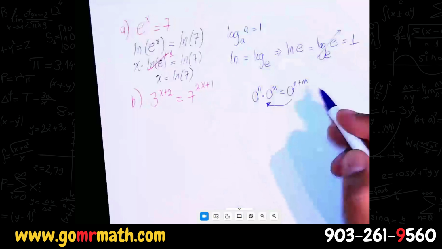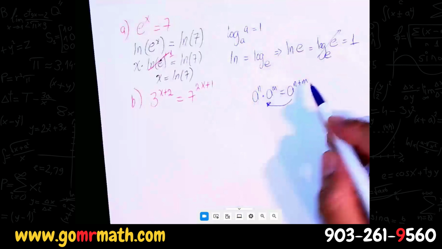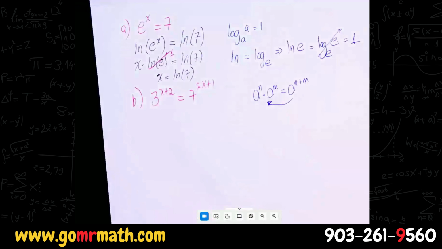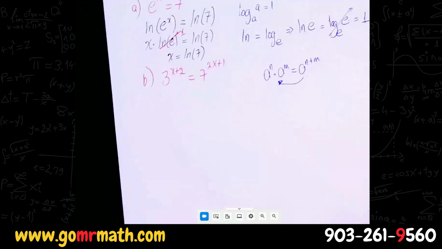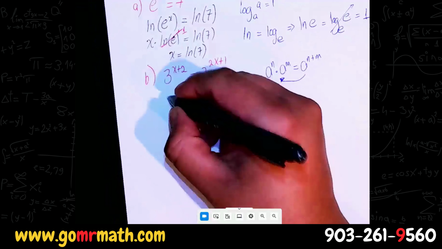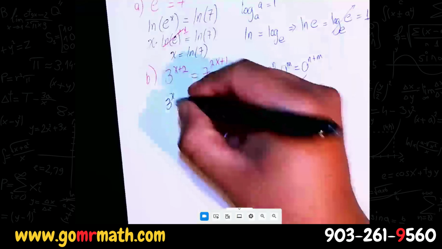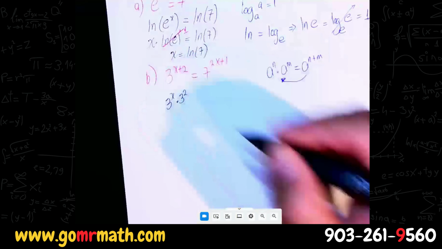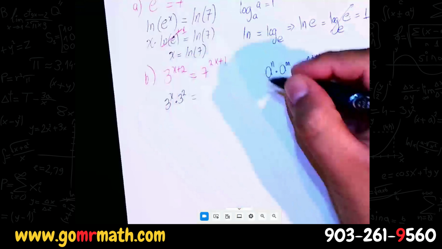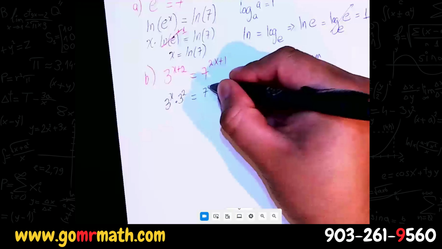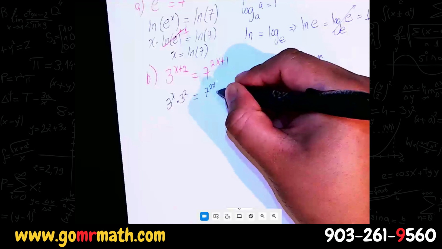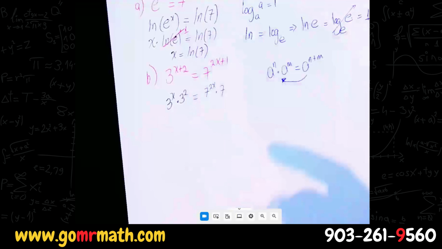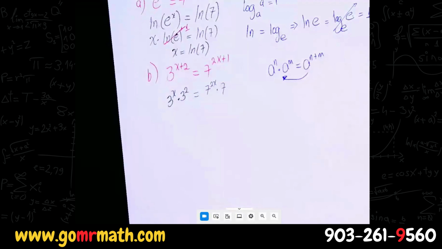Now we have this expression we need to break down. So the first expression, 3 elevated to the x plus 2, will be equal to 3 to the x times 3 squared, equals 7 to the 2x times 7 to the 1, which will be just 7.